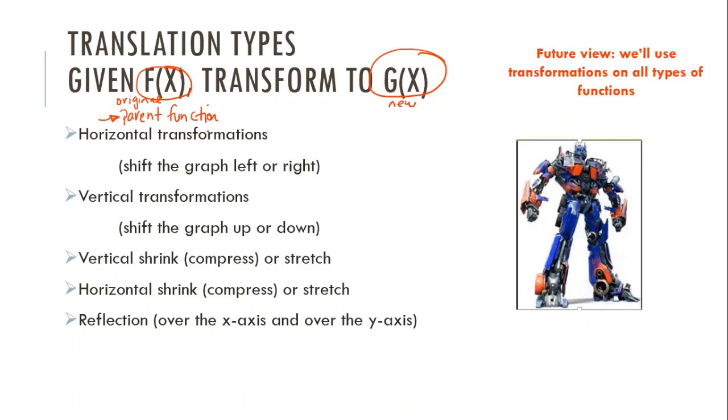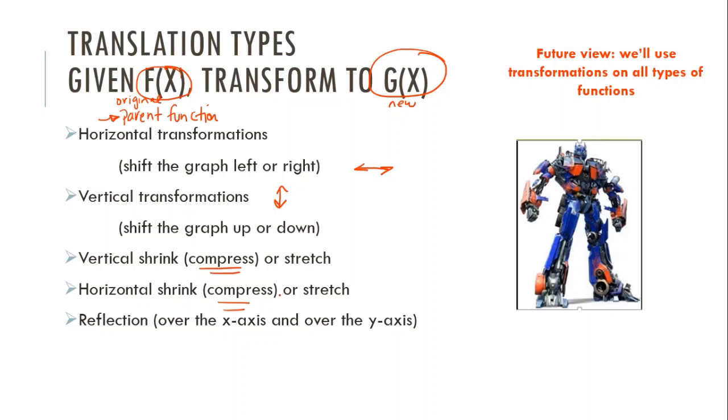We're going to talk about horizontal transformations, where we shift the graph left to right, so along the x-axis. We have vertical transformations, where we shift the graph up or down. We have a vertical shrink, or what we call a compression, or a stretch. And then we have a horizontal shrink, or compression, or a stretch.